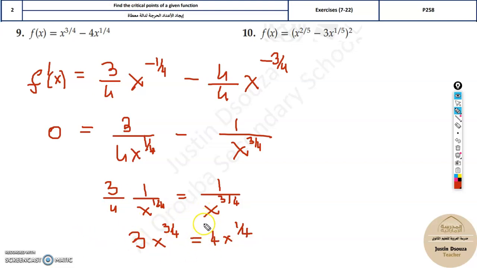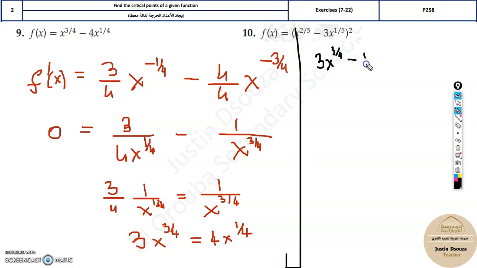Now, you can't solve it directly. The only reason I took it to the other side is to rearrange and get these terms. Now take both of these to one side. It is better to keep the higher power. This is higher, right? 3/4 is more than 1/4. Leave this over here, take this to the other side. So now it'll become 3x to the 3/4 minus 4x to the 1/4, that is equal to 0.